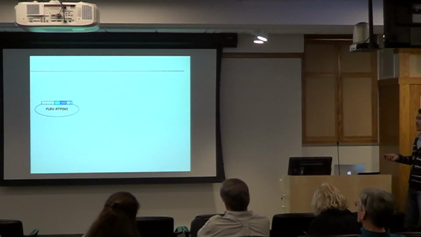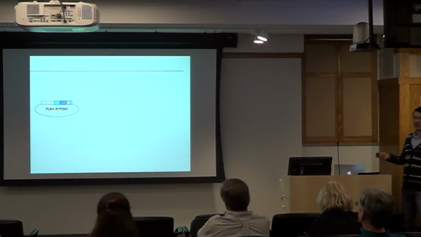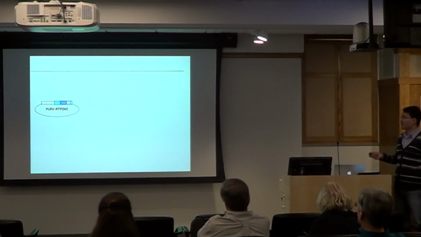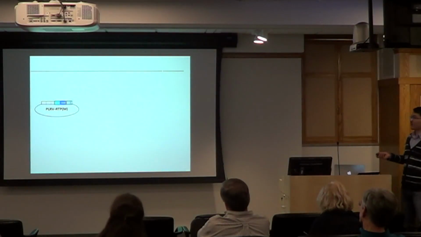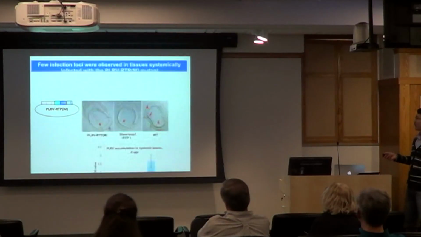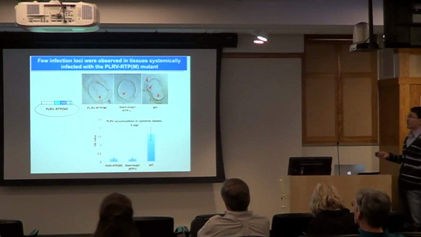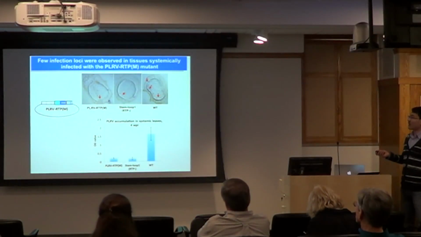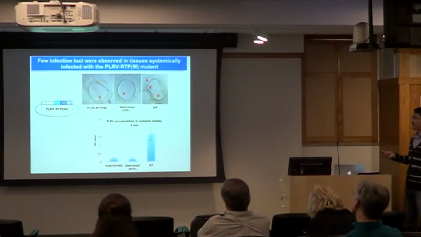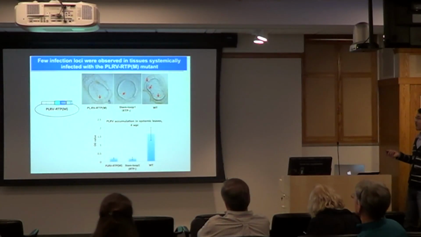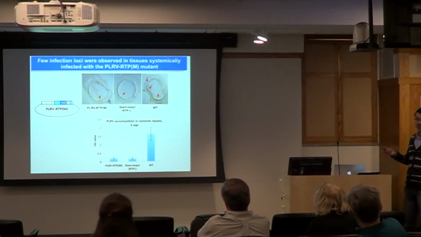Next we constructed this RTP mutant into the virus infectious clone and inoculated it into the plant. We detected the virus after 4 weeks post-inoculation. We found fewer infected loci in tissues systemically infected with this RTP mutant, and this phenotype is very similar to the WF1 mutant, in which the RTP couldn't be translated.